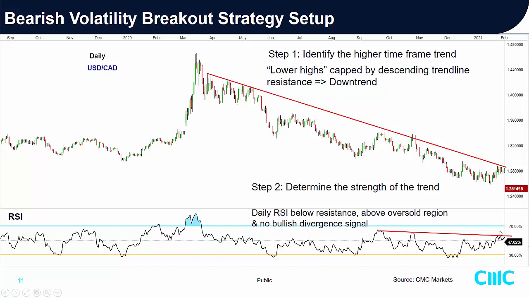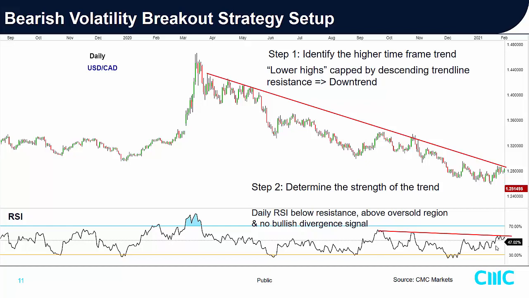And at this moment, it's not oversold yet, and definitely there's no bullish divergence signal. So we could say that in terms of probability, this strength is still relatively strong on the downside for the dollar CAD. So my first filter has already been done.